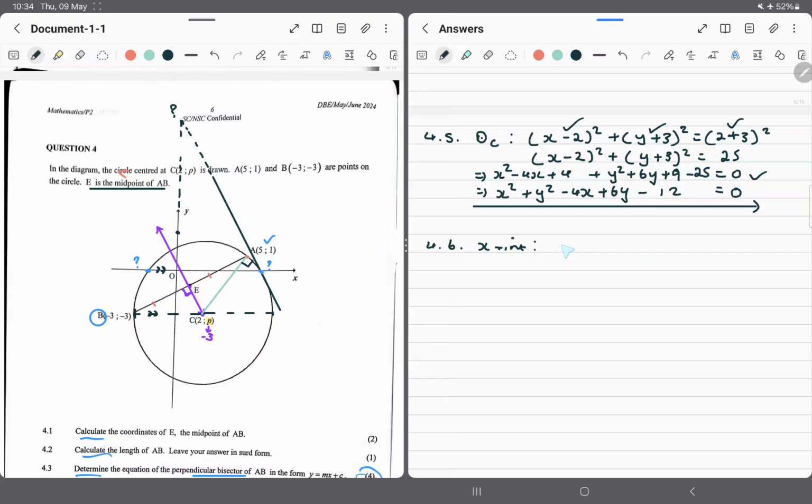is such that y is 0. So we're going to have x squared plus 4x minus 12 is equal to 0, because all the y's are going away.